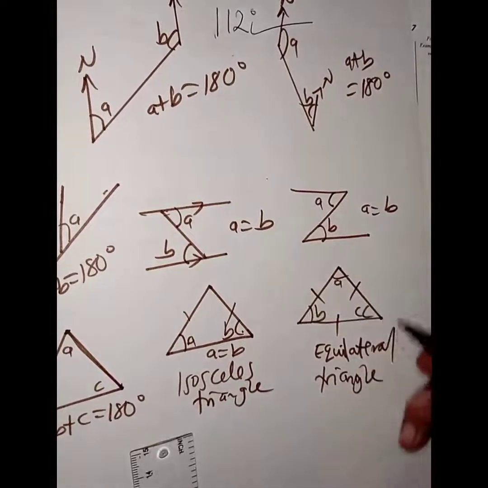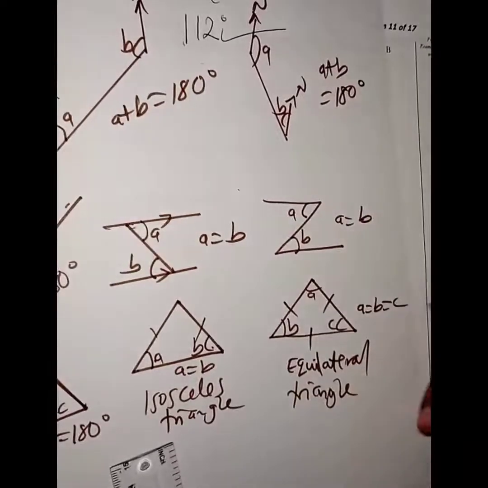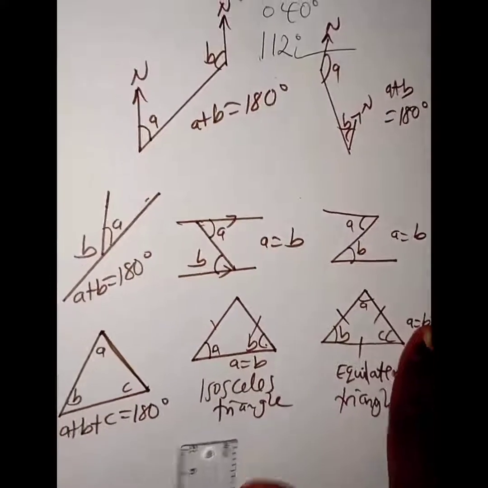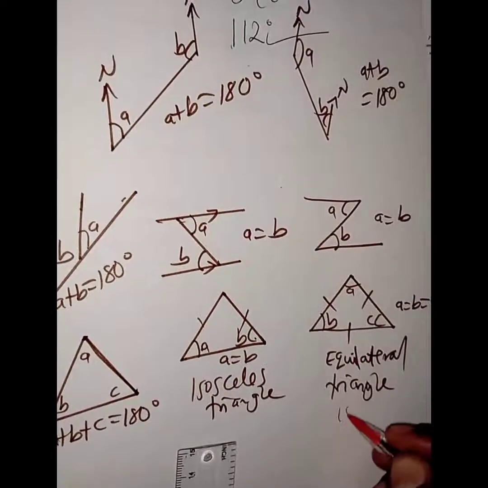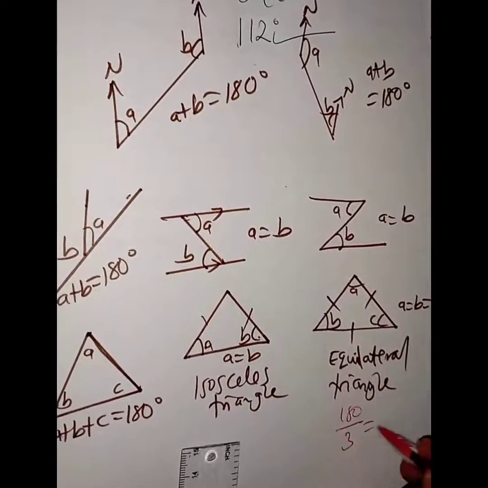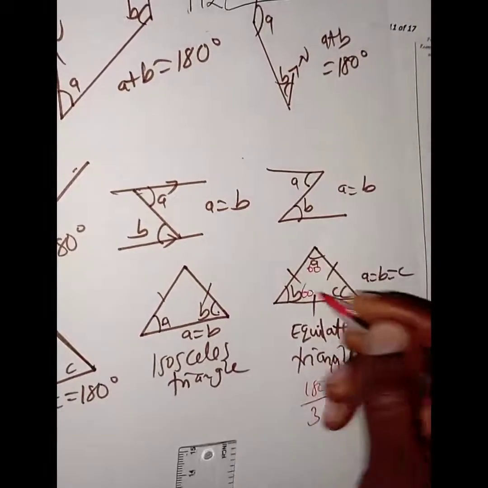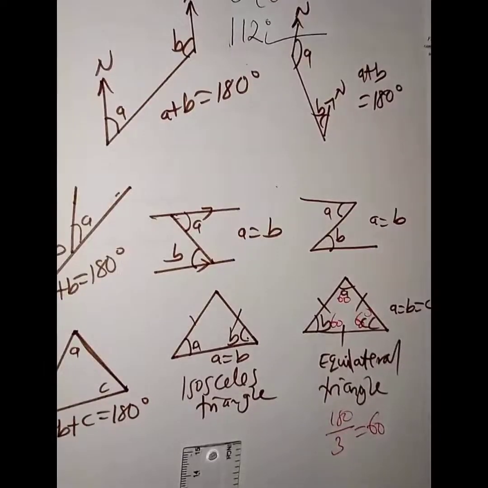A, B, C. So A is equal to B is equal to C. In short, since angles in a triangle add up to 180 degrees, for an equilateral, just do 180 divided by 3, you're going to get 60. So here automatically 60, 60, 60 degrees. This is an equilateral triangle.